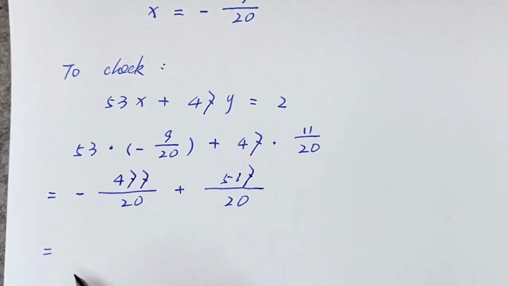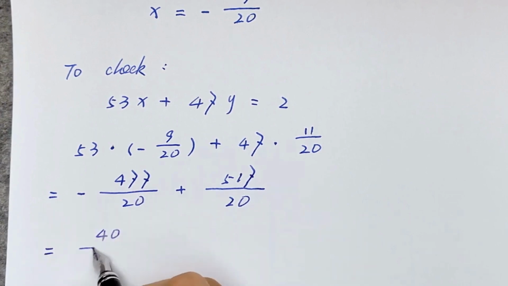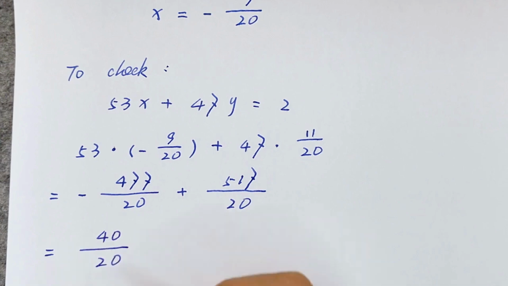It will be equal to this minus this equals 40 over 20. We simplify, is equal to 2.